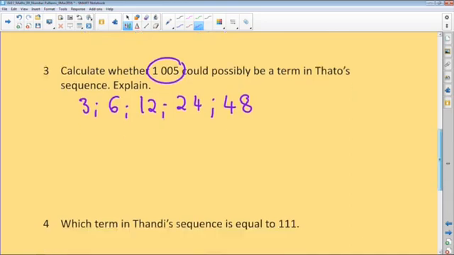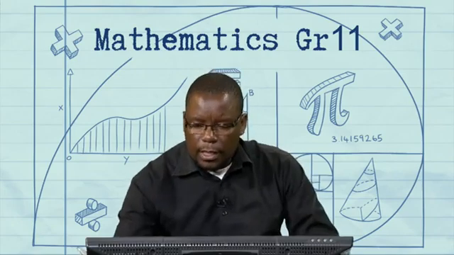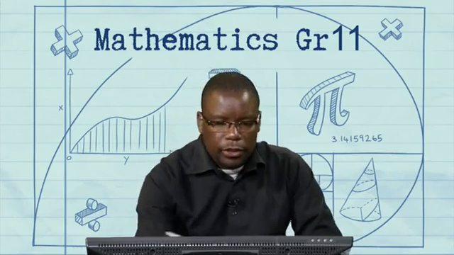Now, if we look at the next problem, which term in Tandy's sequence is equal to 111? I'm just going to start you, and then you will finish this wherever you are watching.